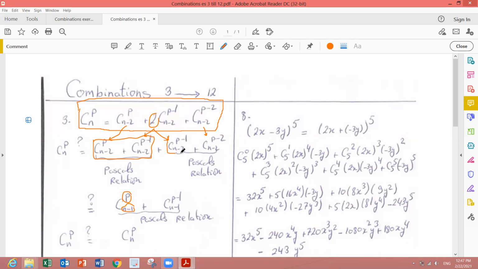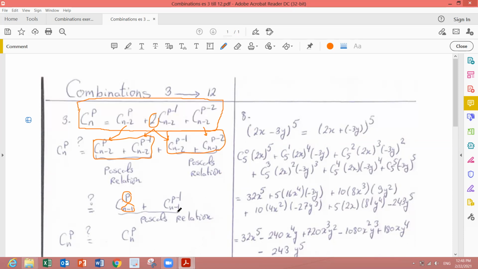these 2. Also the sum of 2 combinations. Down we have the same number. Up they differ by 1, P minus 1 and P minus 2. The difference between them is 1. So I add 1 to the lower number, n minus 2.